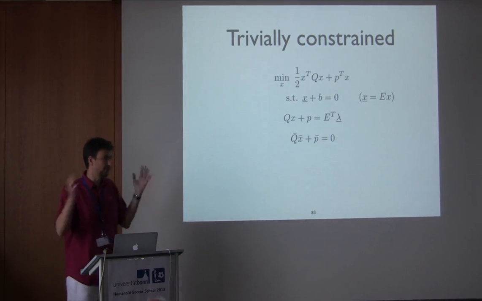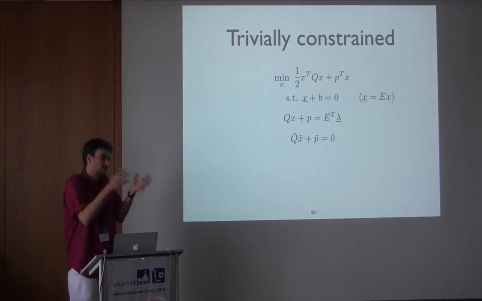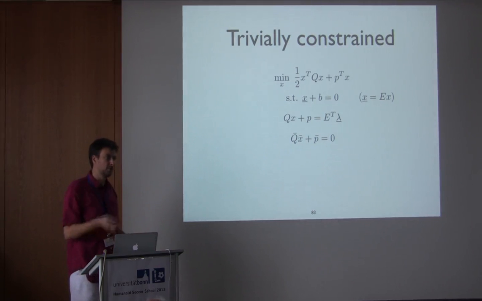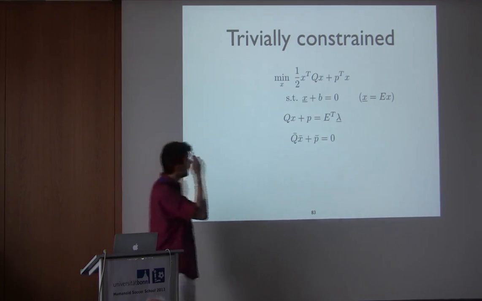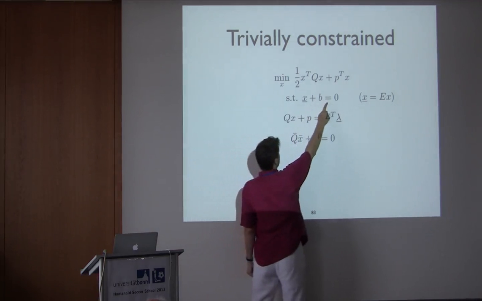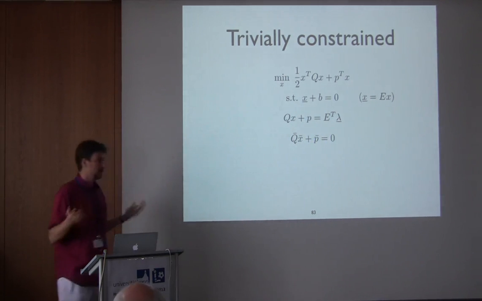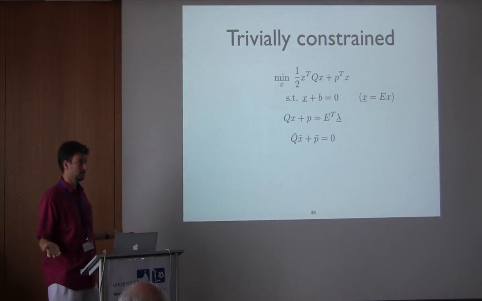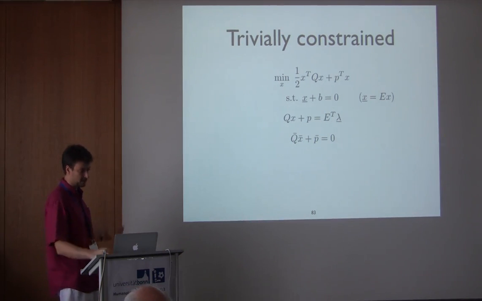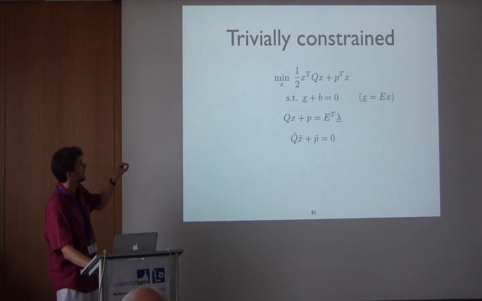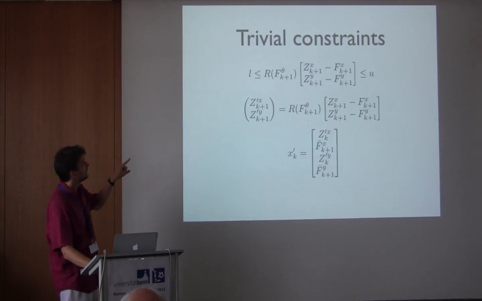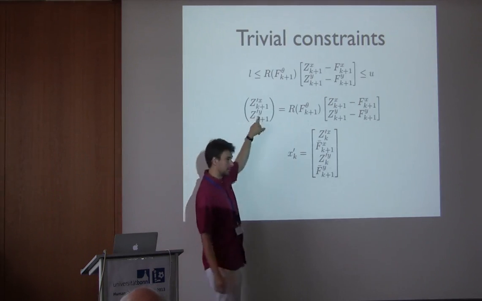You fix some variables, you have a smaller problem with the remaining variables to solve. So you can see that in case the constraints are trivial, having constraints helps me solve my problem faster. It's a small problem, faster to solve. That's why it's very interesting to make this change of variable.